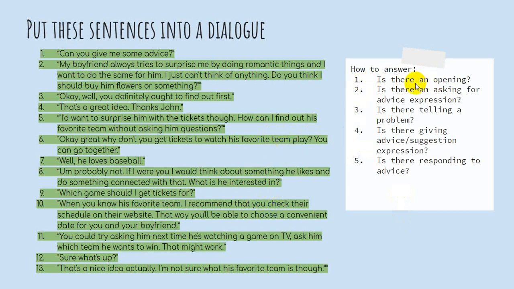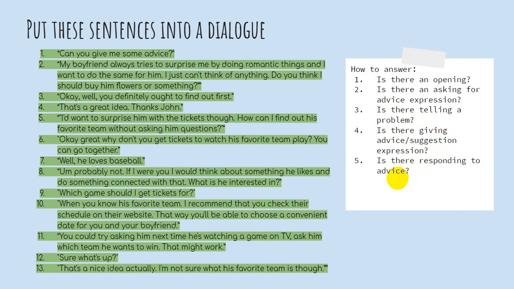Is there an opening here? And then the second one, is there an asking for advice expression? And the third one, is there a telling a problem? And the fourth one, is there a giving advice or suggestions expression? And the fifth one, is there responding to advice?